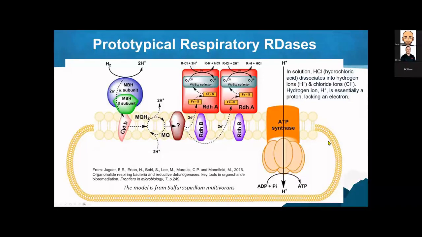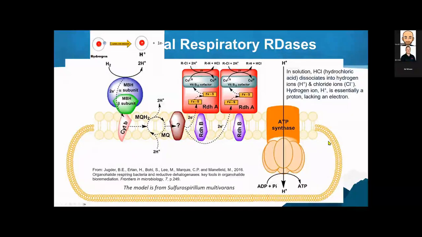So here's a prototypical respiratory reductive dehalogenase. I just popped up where you have hydrogen going to hydrogen ion and a free electron. This points out that the obligate dehalogenators require hydrogen. Without hydrogen, you have nothing.